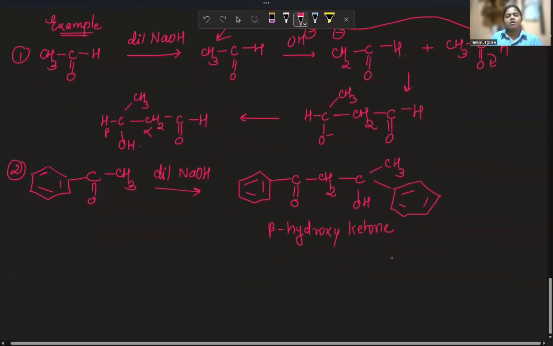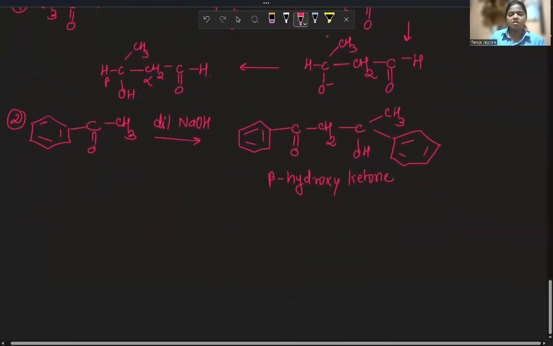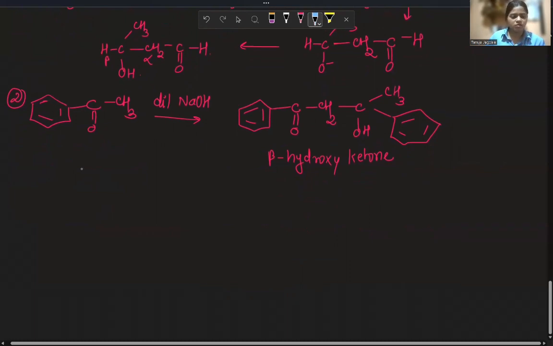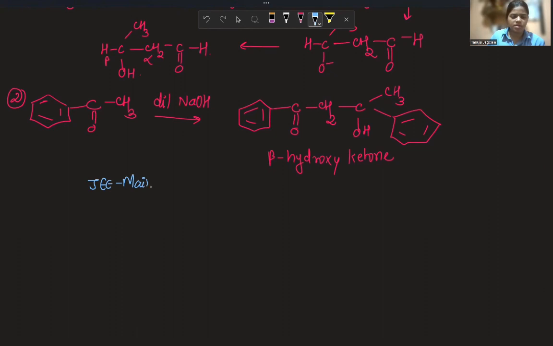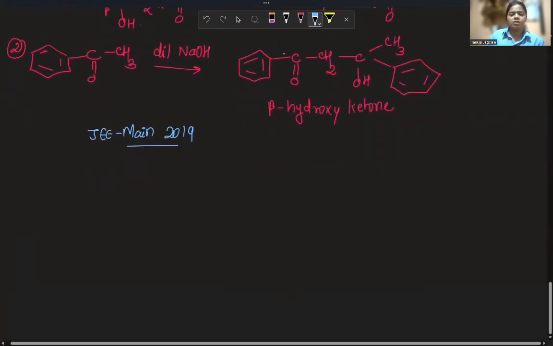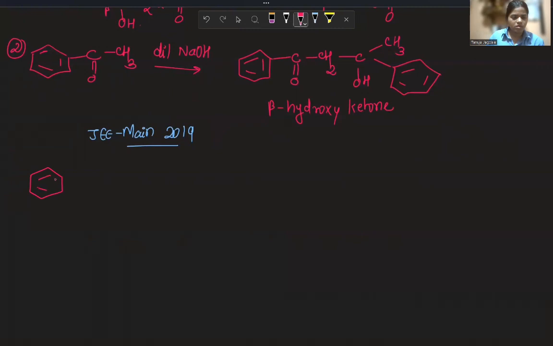Lastly, let us take the example of a question which occurred in JEE Mains 2019. The question says that we have a molecule of acetophenone with acetaldehyde.